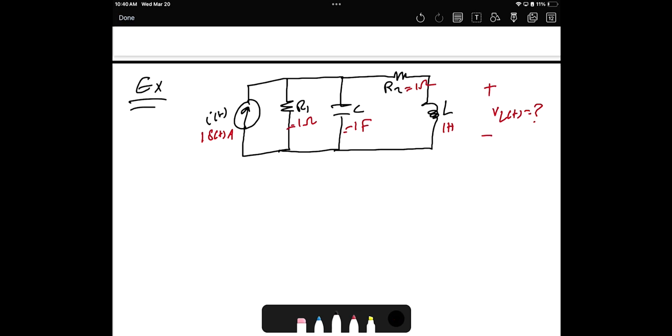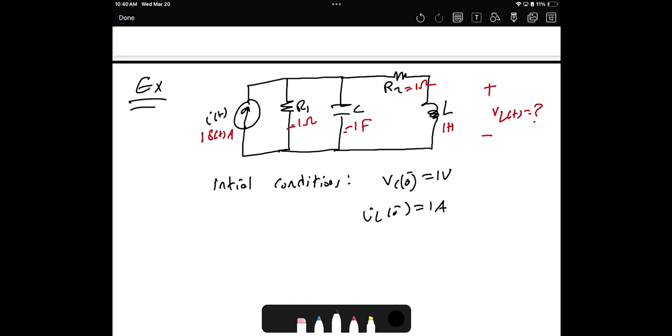Okay? So when the initial conditions are provided, you don't need to calculate them. Vc of 0 negative equals 1 volt. IL of 0 negative equals 1 ampere. Now, this saves one step, okay? If the initial conditions are not provided, you need to calculate them.